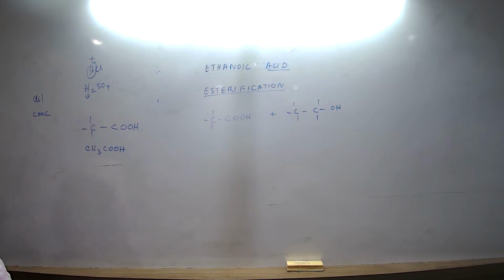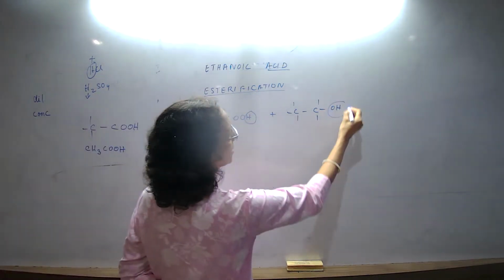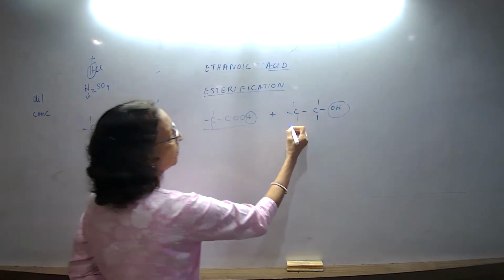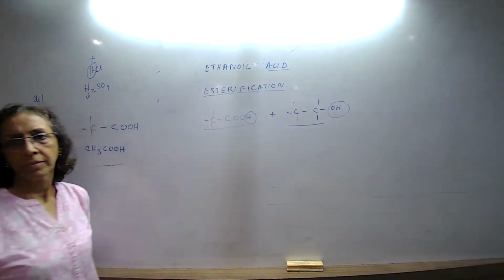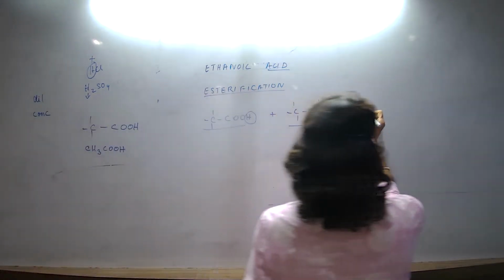Esterification. COOH. The H part of it is released. Here this H is released, and from here OH is released. So this part will combine with this part. Let me just finish. So let us see what is going to happen here.